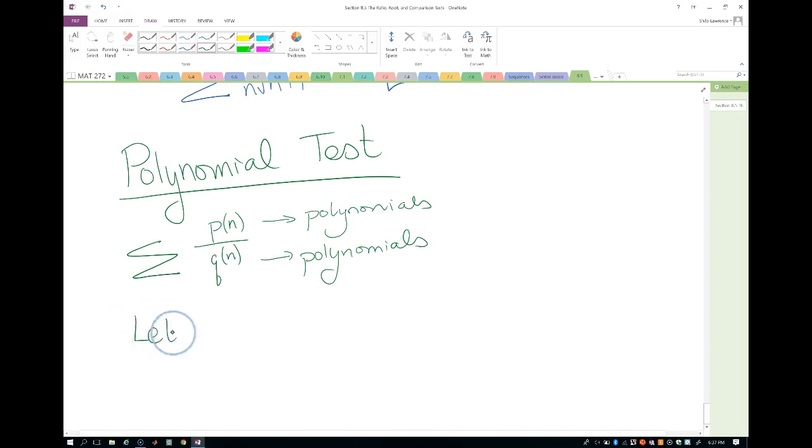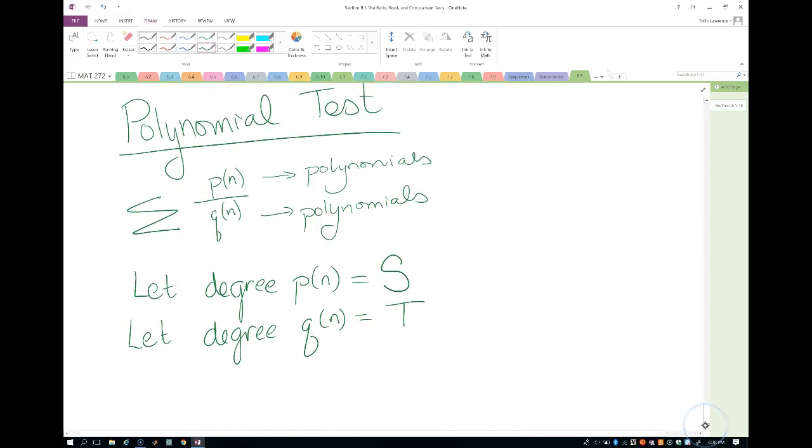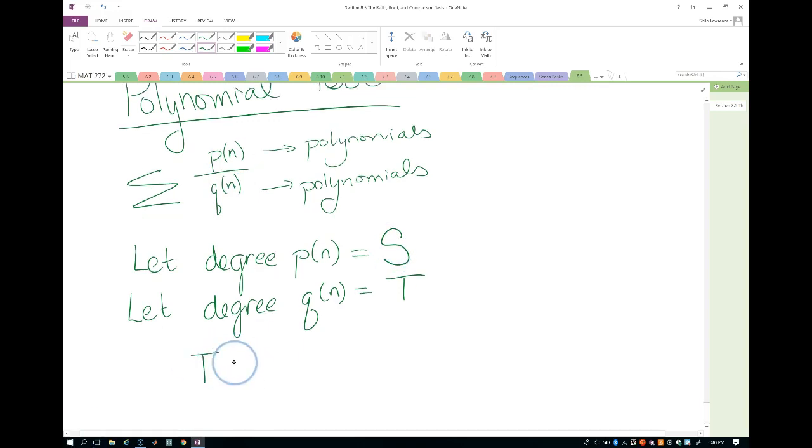So let the degree for P of n equal big S. Let the degree for Q of n equal big T. In order for this to be convergent, we need the degree for Q of n, which we're calling T, to be at least 1 greater than the degree for P of n, which we've called S. So we need to make sure that T is greater than S plus 1.